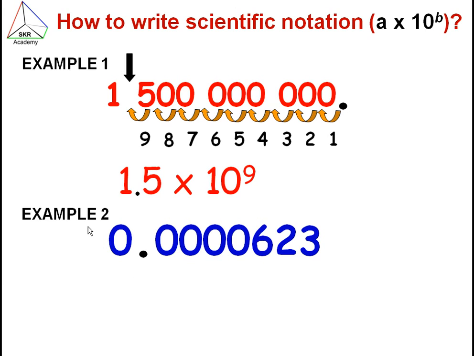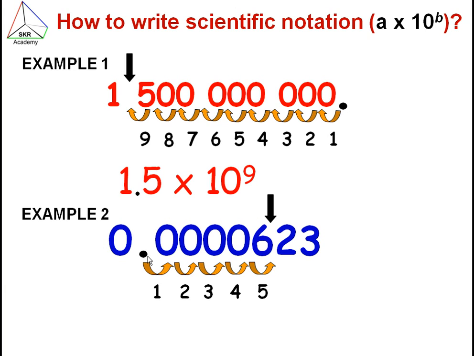Let's see another example, number 2, where we have to convert 0.0000623 into scientific notation. Here we will move our decimal from the left side to the right, and we will put the decimal just after the first integer or first non-zero value. So let's move first, second, third, fourth and fifth.